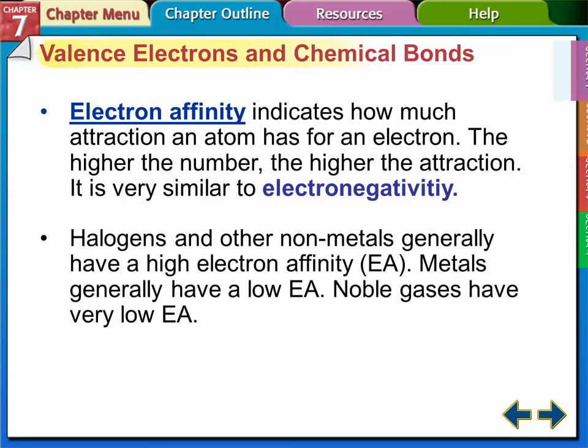Metals, on the other hand, have a low electron affinity. They are on the left side of the periodic table. They usually want to get rid of 1 or 2 or 3 electrons, so they're not really interested in grabbing another electron. And the noble gases really don't play a part in this. They have a very, very low electron affinity.